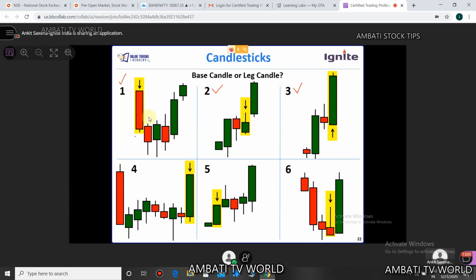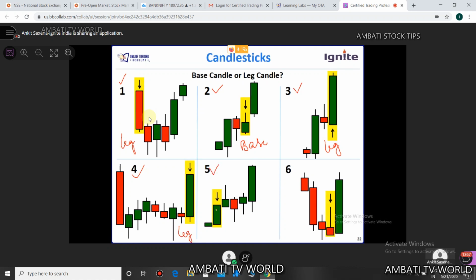Third is a rally, absolutely. So this is leg, this is base, this is leg. Now the fourth picture. Only the yellow highlighted candle. Yes, it's again leg.